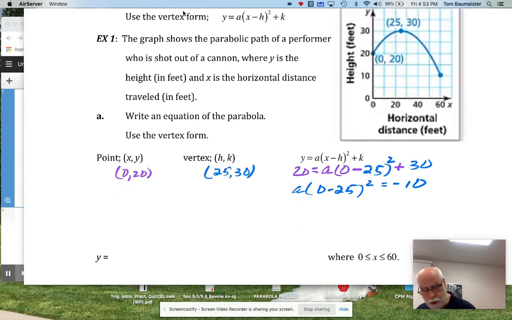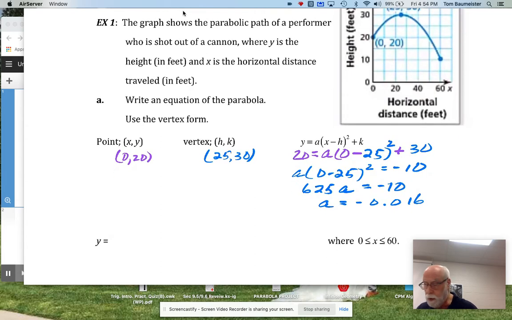Now 0 minus 25 is negative 25, and negative 25 squared is 625. So 625a is equal to negative 10, and when I divide negative 10 by 625, I get negative 0.016.